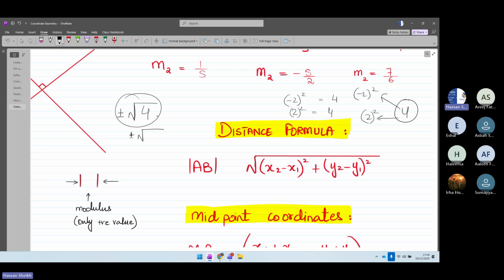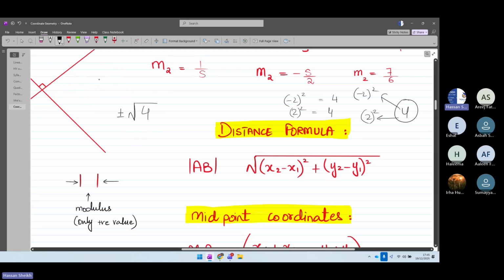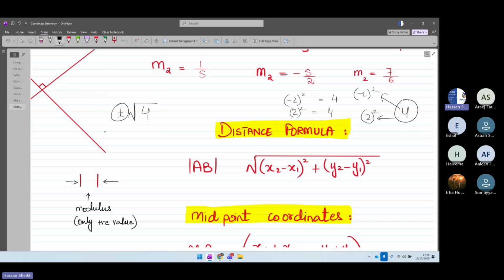That's why when we take square root, we always put this plus and minus 4 so that when the square root of the square number is taken, it becomes like this. Do you understand? Because we exactly do not know whether this 4 comes from the square of -2 or from the square of 2. That's why whenever we take square root in mathematics, it always comes up with this plus and minus sign.